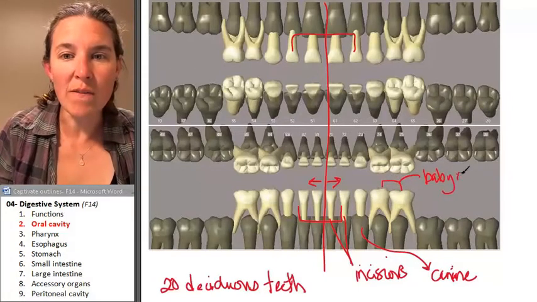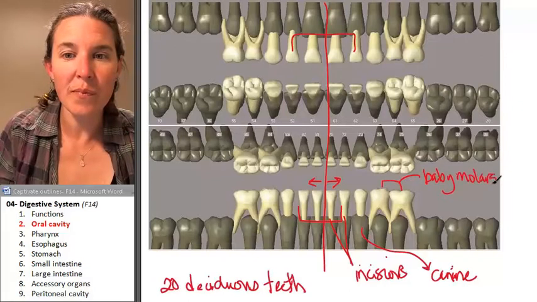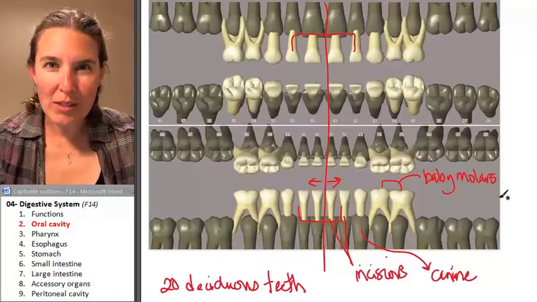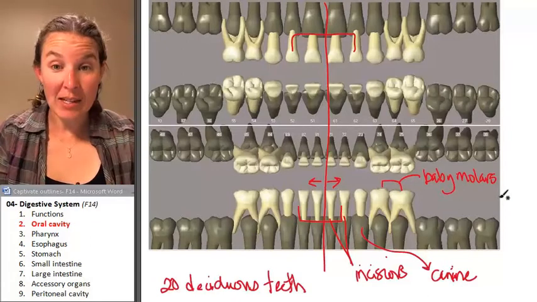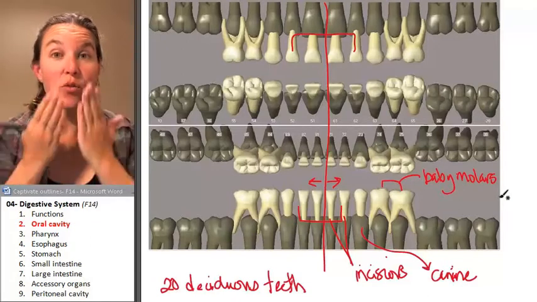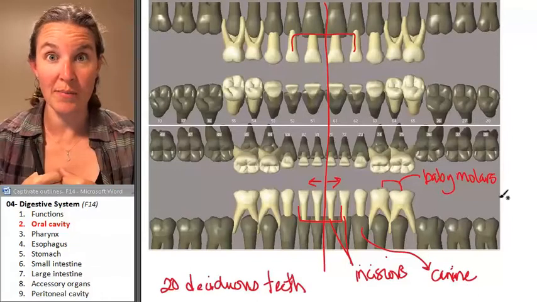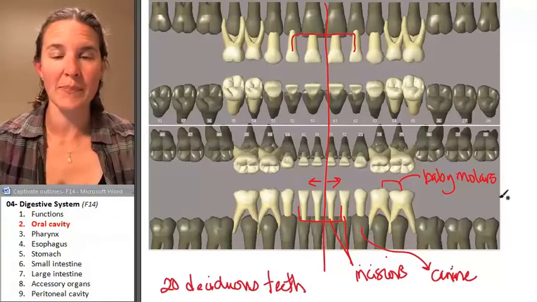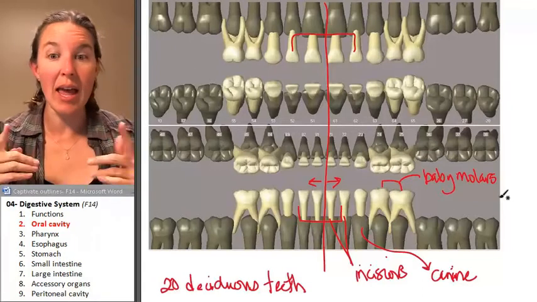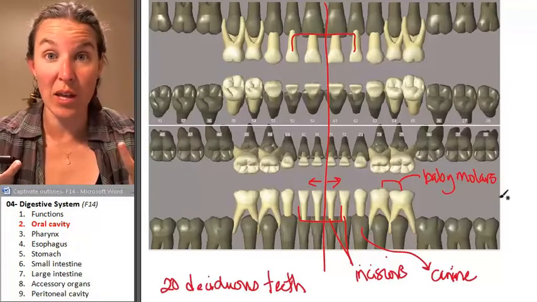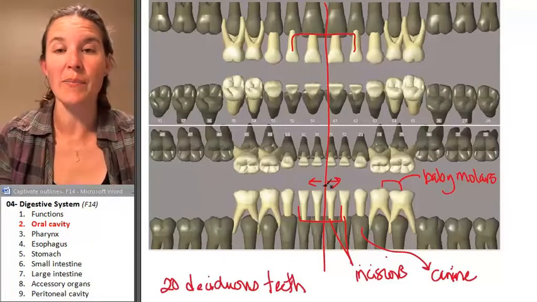Now, don't get confused. Baby incisors fall out and grown-up incisors grow in, and we replace 1 to 1. A baby canine falls out, and grown-up canines grow in, and we replace them 1 to 1.